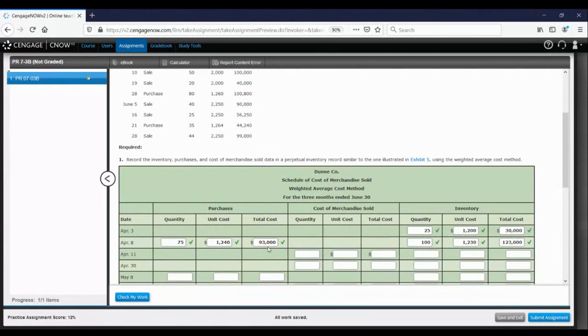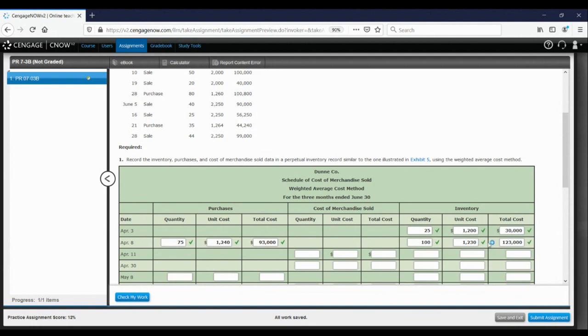In this textbook, they're assuming that all the purchases of inventory that you make are on account. So the journal entry would be a debit to merchandise inventory and a credit to accounts payable. We learned that in the last chapter, and so in this chapter, what we're learning to do is place a value on our inventory after each date that we have recorded. We'll put a new value on our ending inventory.